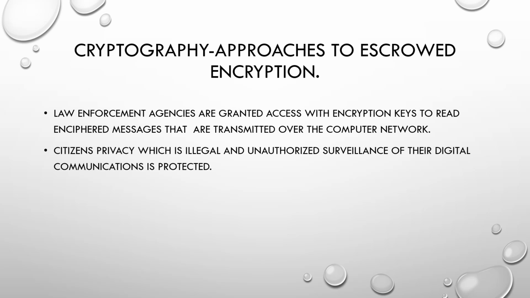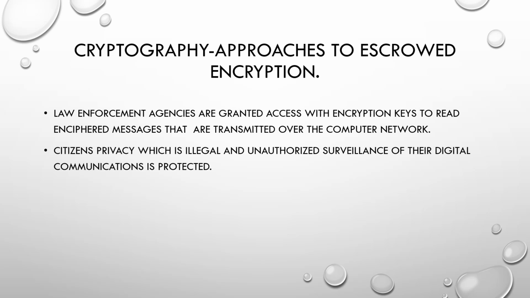For example, information is transmitted. If law enforcement agencies, should the need arise, require access to these encrypted messages, this is where escrowed encryption comes in. However, with accessing encrypted information, certain features need to be guaranteed. Because let's think of it: the data is already encrypted. It would have been encrypted to protect citizens' privacy, right?